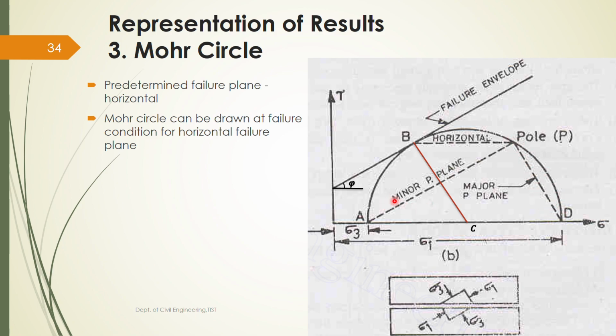So graphically, if you are solving the problem, from the test data you can draw the failure envelope, and from point B you can draw BC and find out C. At C, you can draw the Mohr circle, and from the Mohr circle, you can get the inclination of the major and minor principal planes.